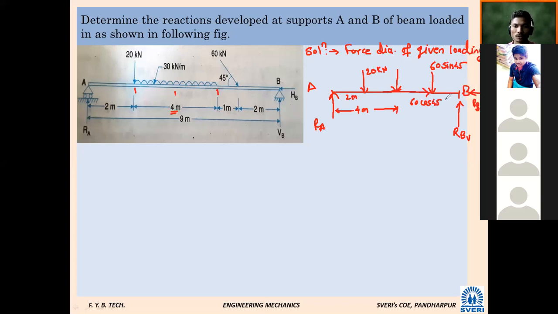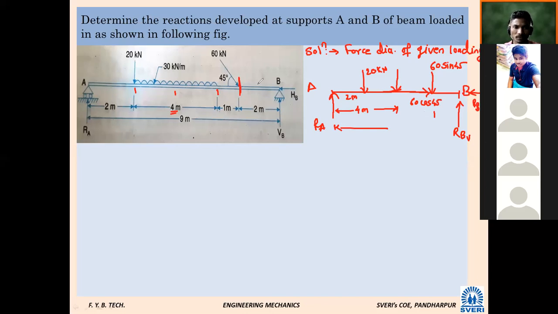Now, the distance of that vertical component load from point A. What is the distance of the point of application of 60 kilonewton force from point A?